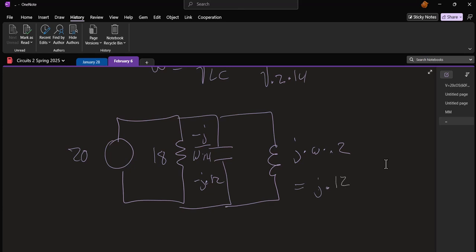Why do I say, of course I do? Because it's supposed to be in resonance, right? And so my positive imaginary part and my negative imaginary part are supposed to cancel out.